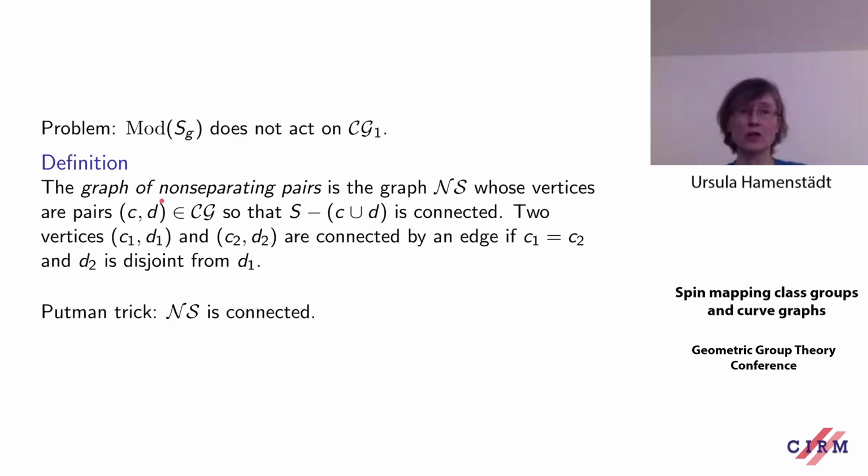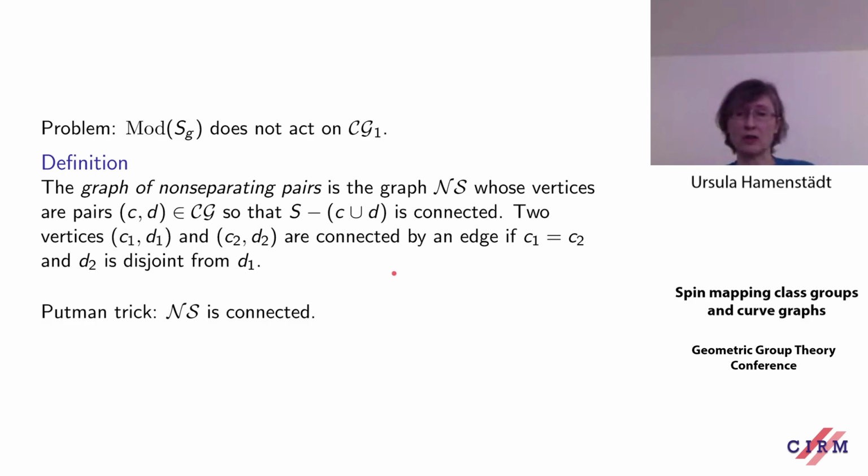This goes as follows. We define the graph of non-separating pairs to be the graph in S whose vertices are now pairs of curves in the curve graph, so there's no spin value associated to it, such that the complement of C union D in S is connected.